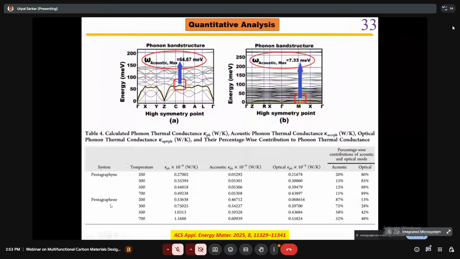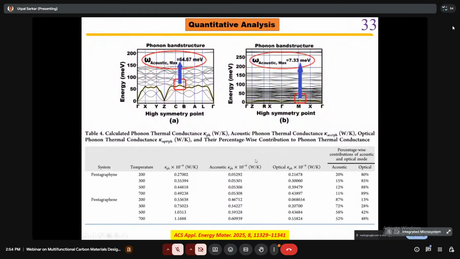However, when you insert the acetylene linkage in pentagraphene, your optical bands are basically straight lines now. So their curvature is 0. Now their contribution is decreasing with respect to the previous one. The optical part is contributing less, however the acoustic part is contributing more.